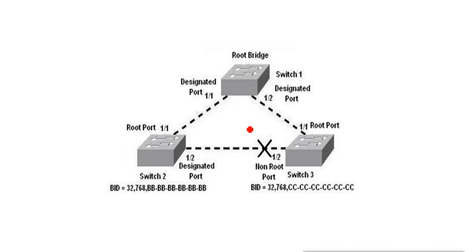Now how does it work? When you connect a port to other switches, no matter whether you are connecting the port to another switch or another device, like if I am connecting the switch to some PC, this port will still do whatever it needs to protect the port from creating a loop.